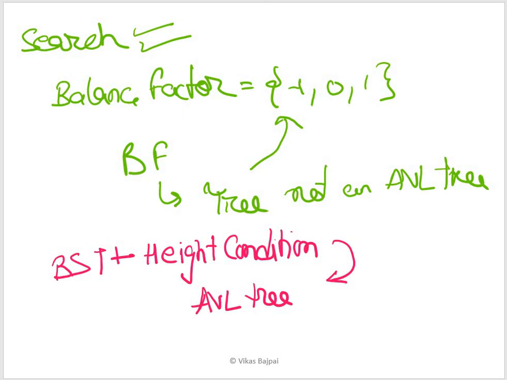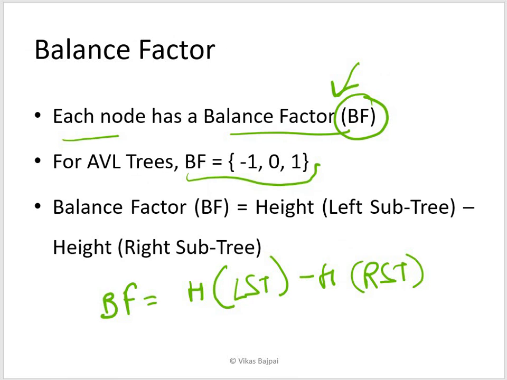We see that there are various advantages of this AVL tree over the binary search tree, but yet there are some drawbacks associated with it, because in order to achieve this condition of balance factor, I need to come up with code which is much more complex, right? That means the code for an AVL tree is much more complex than the code for a binary search tree, because we have to handle a lot of corner cases.